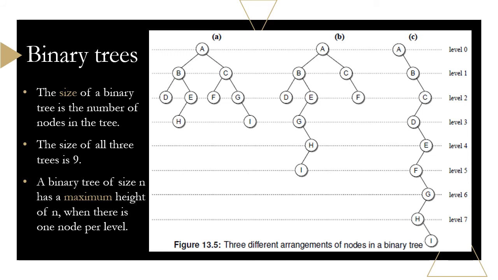Yes, you are right. Tree C has the maximum height. See, the number of nodes in each of these trees is the same. However, in tree C, each level has just one node. So it has the maximum height possible with 9 nodes.